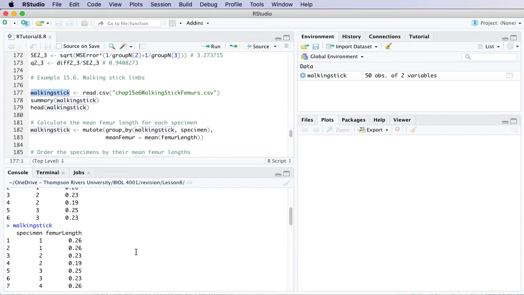And so what we want to do here is get a handle on how variable the measurements are for the individual walking sticks, relative to the variability of the femur lengths between the insects themselves. And we're going to do that using analysis of variance with randomly chosen groups and a random effect.